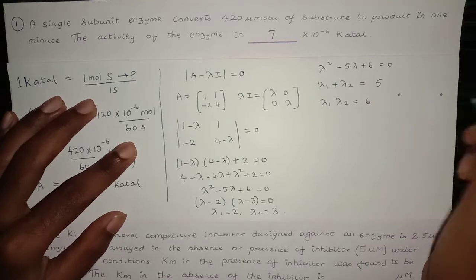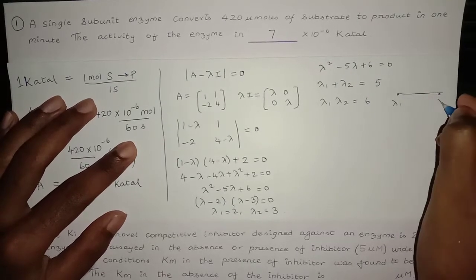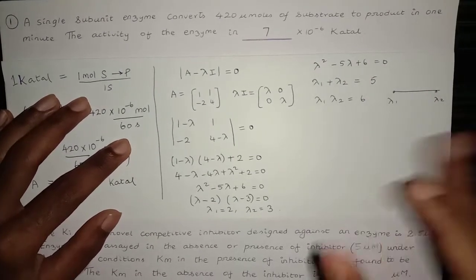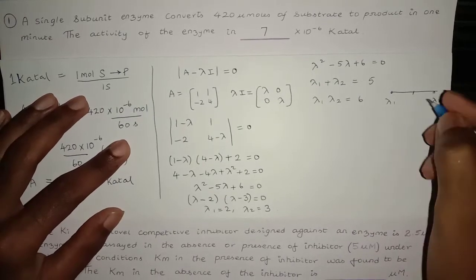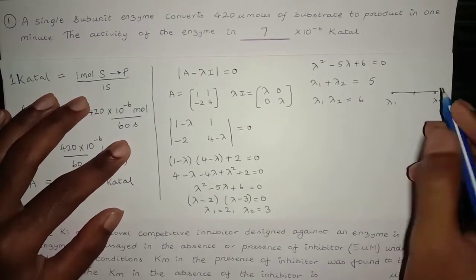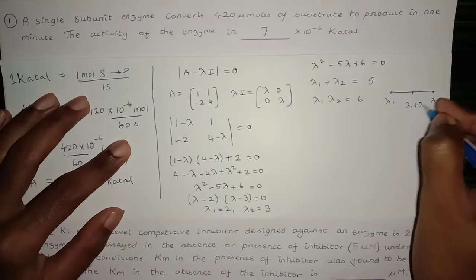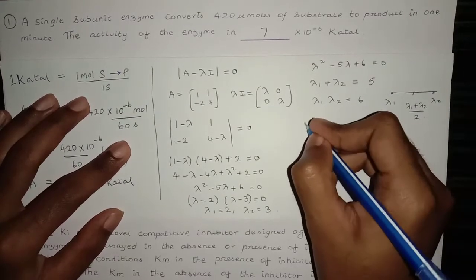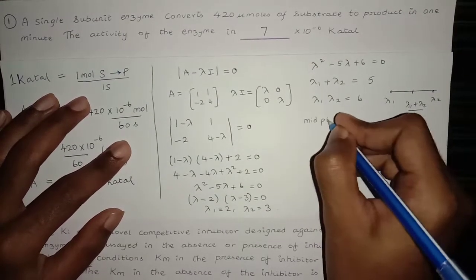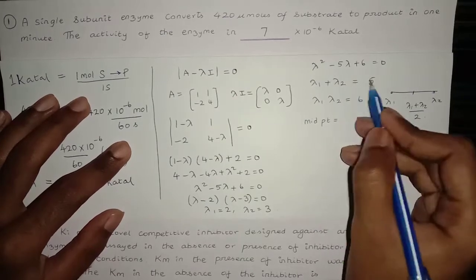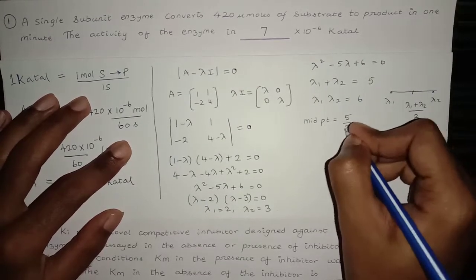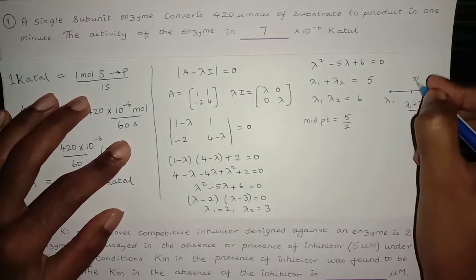Say lambda 1, lambda 2 are 2 points. Then the midpoint would be the average of these 2 points, lambda 1 plus lambda 2 over 2. Therefore the midpoint value would be 5 over 2.